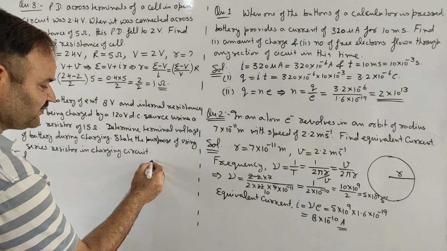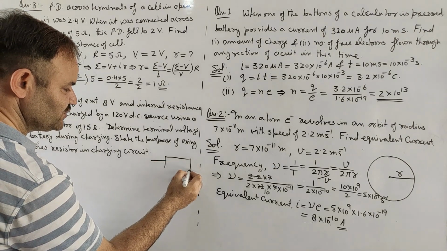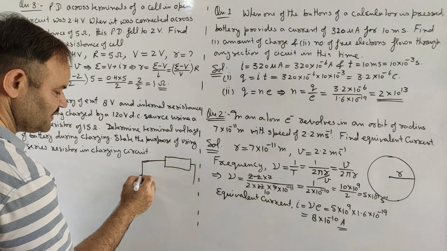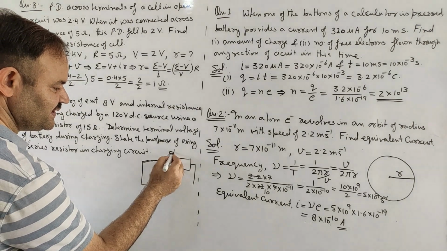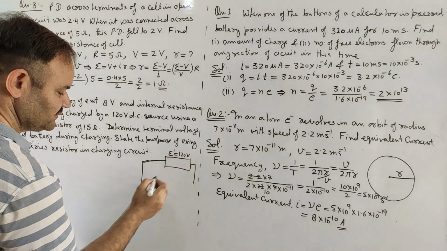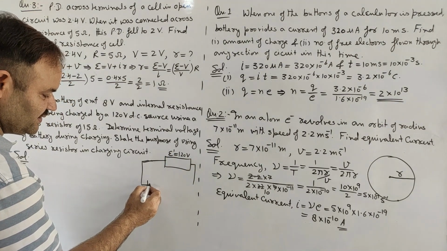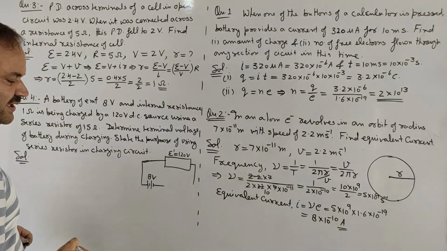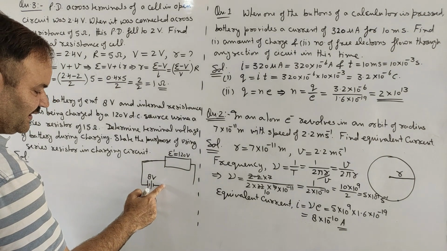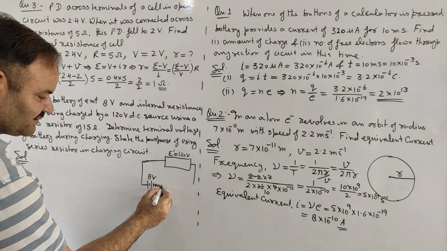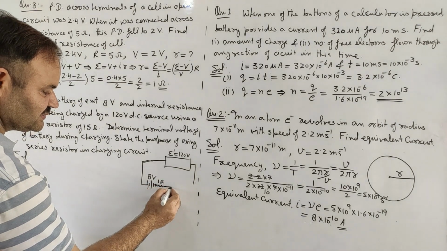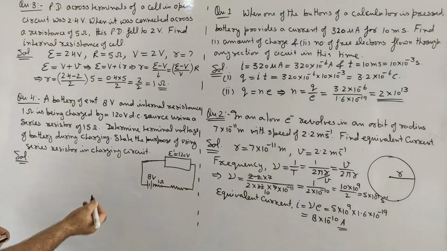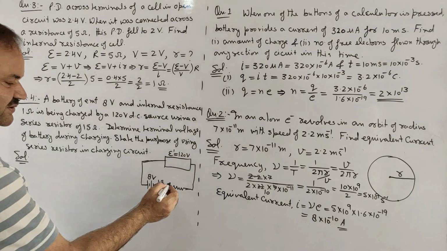So this time a charger is being used to charge a battery, and the EMF of the charger, say E dash, is 120 volt, and here is the battery which is to be charged, of EMF 8 volt, and its internal resistance is 1 ohm. The charging circuit is using a series resistor of 15 ohm.